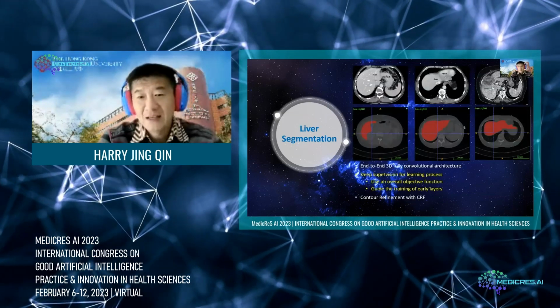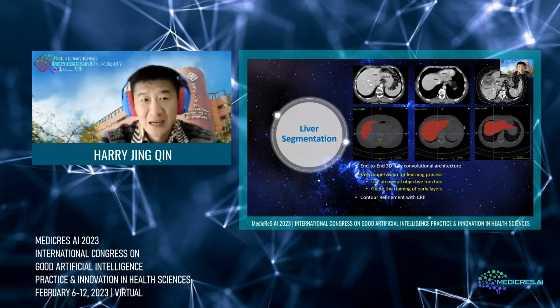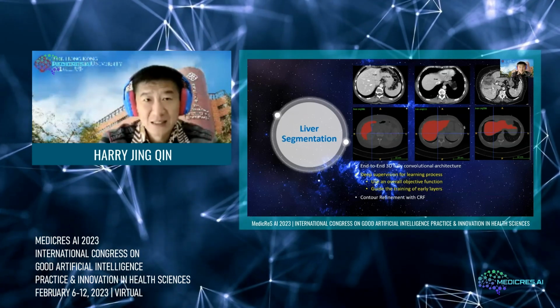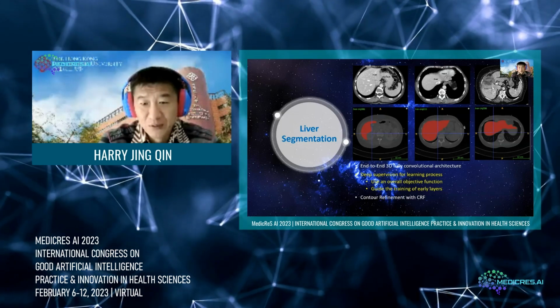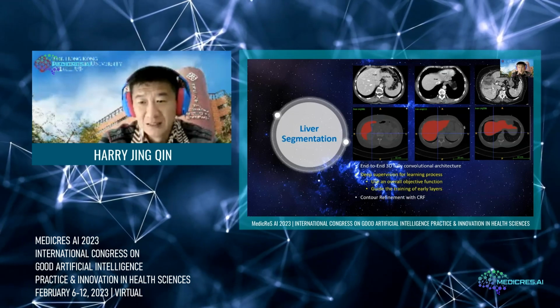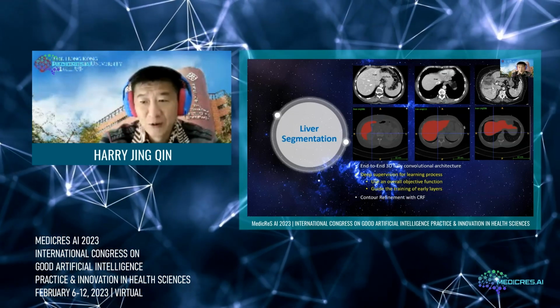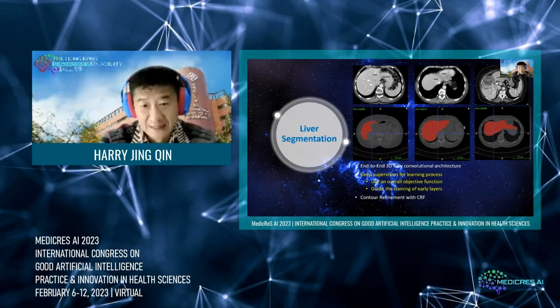Let's see how to use FCN to solve medical image segmentation tasks by some examples. In the first example, let's discuss liver image segmentation, which plays a very important role in liver disease diagnosis and treatment planning.